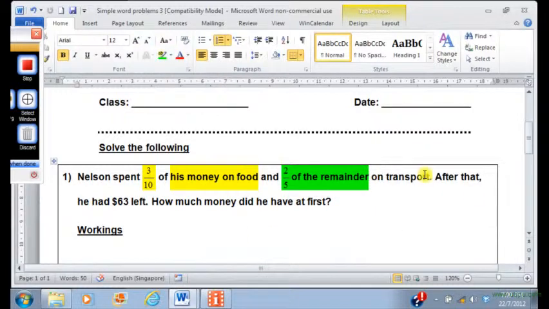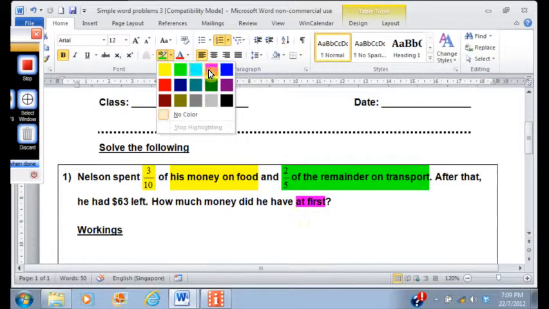After that, he had $63 left. Now, how much money did he have at first?